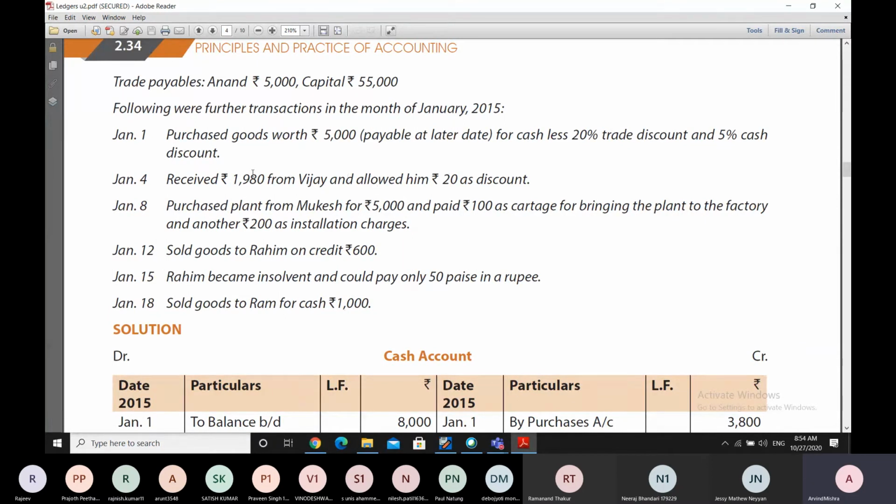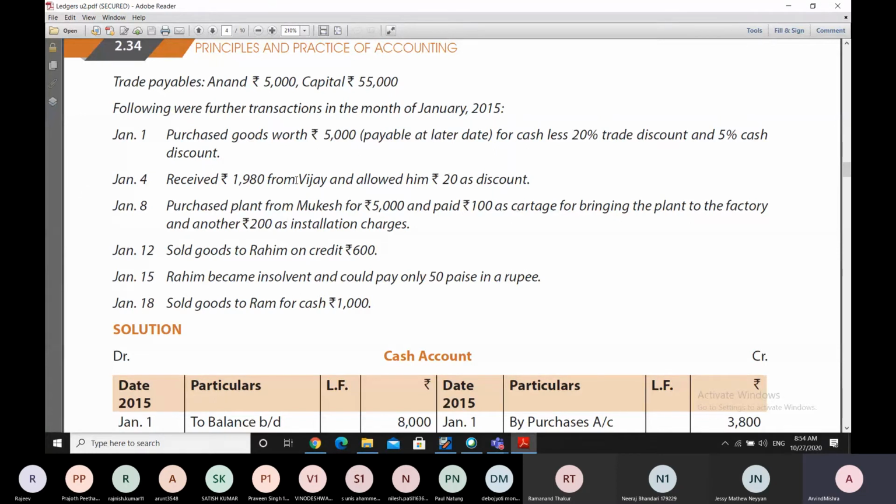One transaction is receiving money from Vijay, and the other transaction is giving Vijay a discount. So this particular narration here on January 4 is being seen as two transactions and not one transaction. And that is why for each transaction, a double entry is being made.